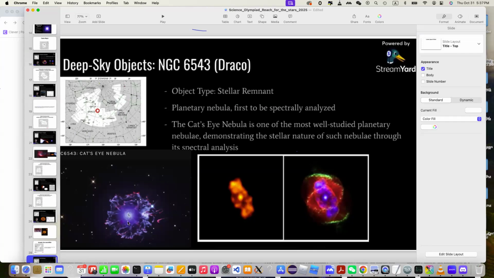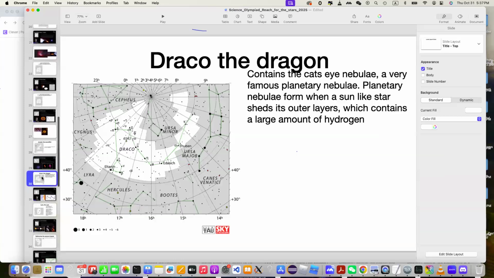You can look at the filament around it, which is very big. But in the central part, when you zoom in, this is the cat eye. That is inside Draco, which means the dragon. So that is the cat eye nebula.